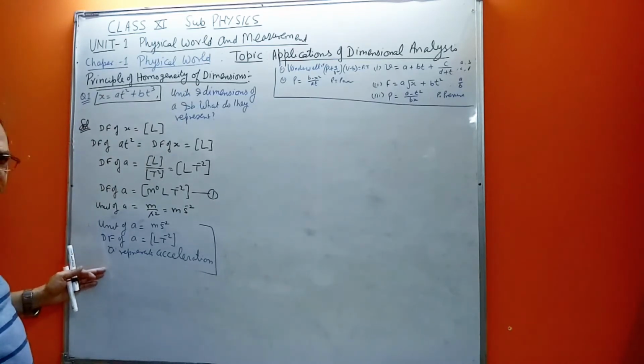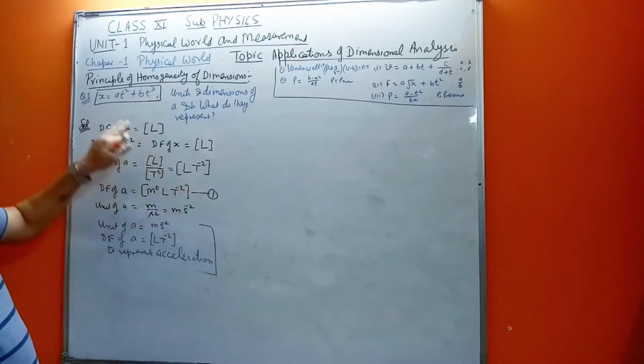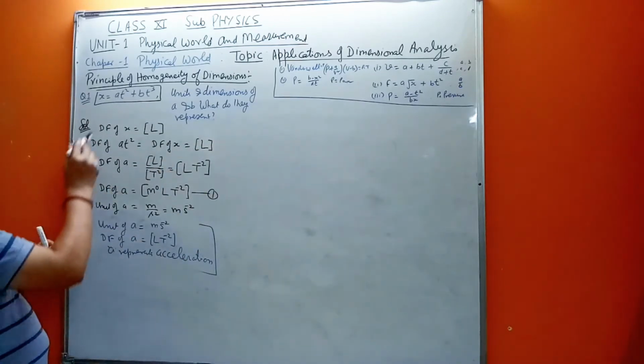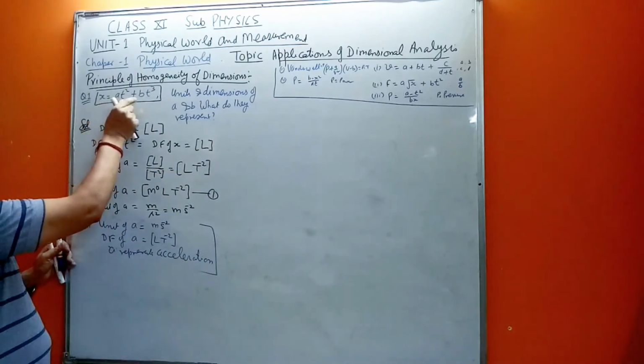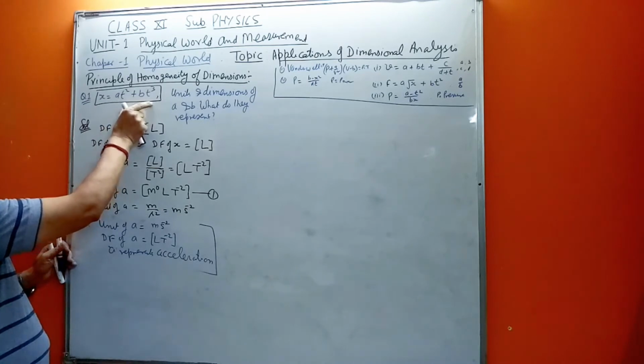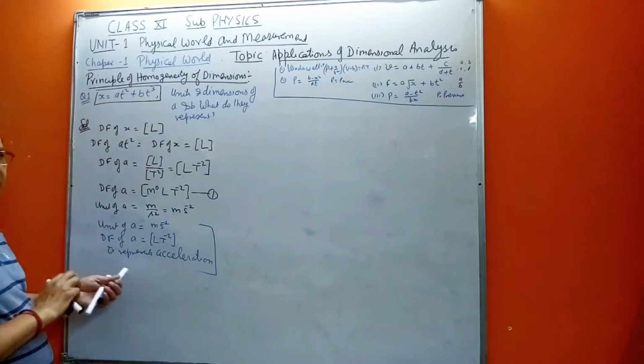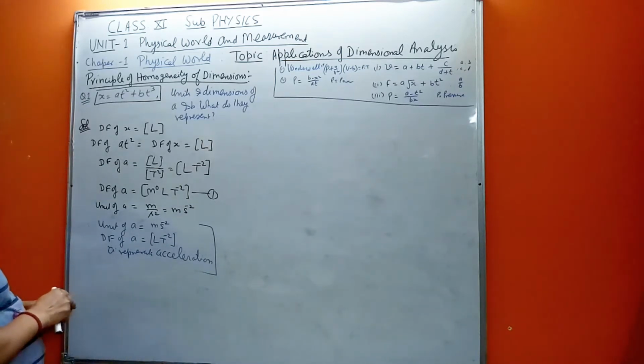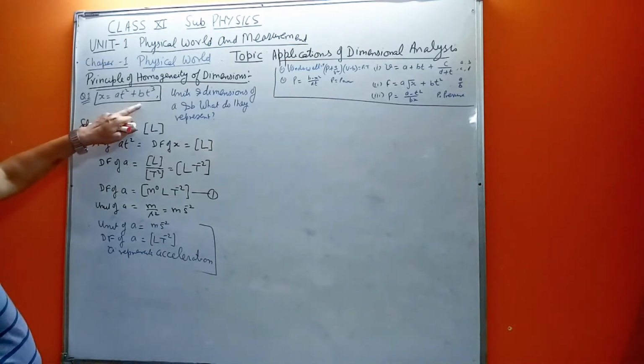For constant a, we got this on the basis of the principle of homogeneity, by taking that the dimensions of similar terms added in an equation will be the same because they are the same physical quantities. Now we can talk about the second term.